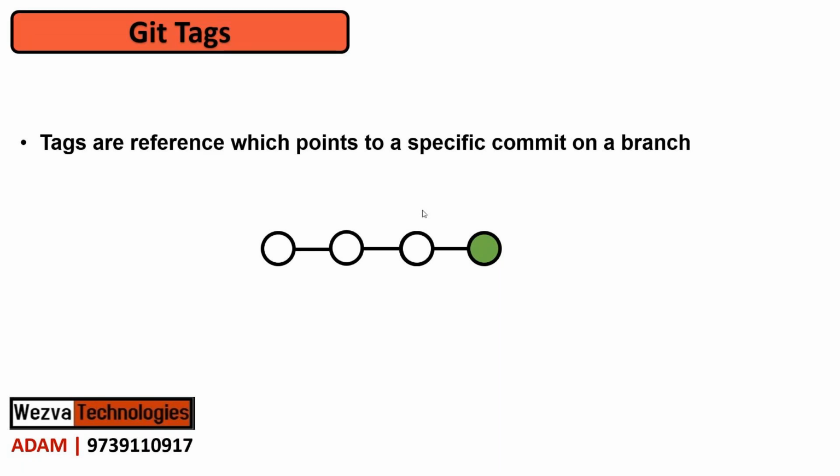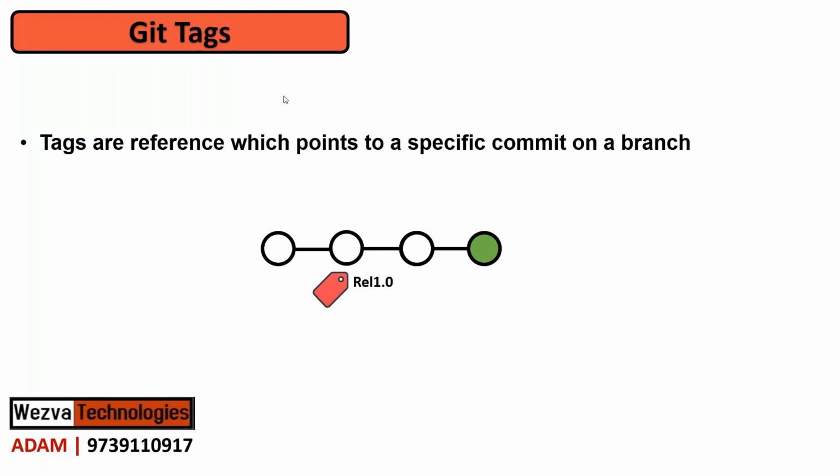Now, how do you quickly identify a commit ID? That's where we use a concept called a tag. Basically, a tag is a name which you can associate to a commit ID. For every commit ID, you can create a tag, which is nothing but a name, and the name you give will be unique.